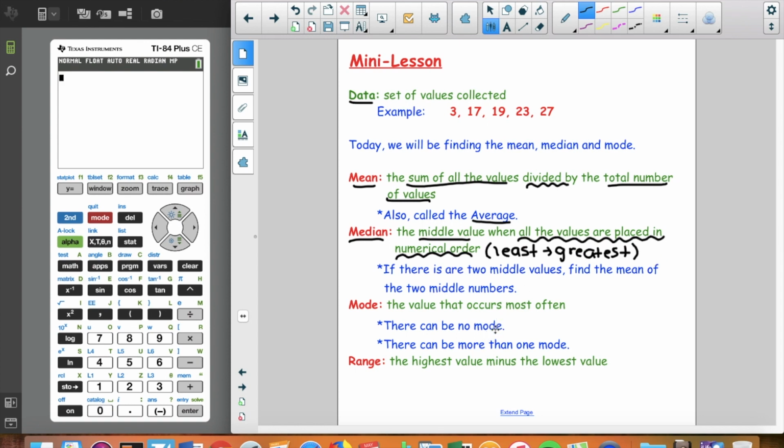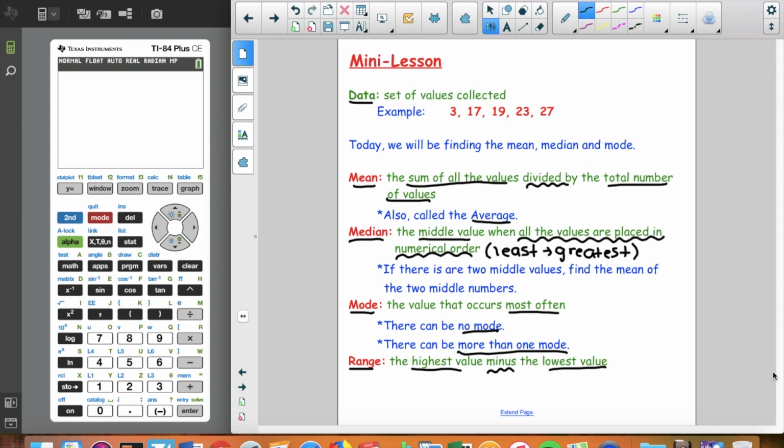If there are 2 numbers in the middle, you have to find the mean of the 2 middle numbers. Mode is the value that occurs most often. There can be no mode, that is totally possible, and there can be more than one mode. And lastly, the range is the highest value minus the lowest value.